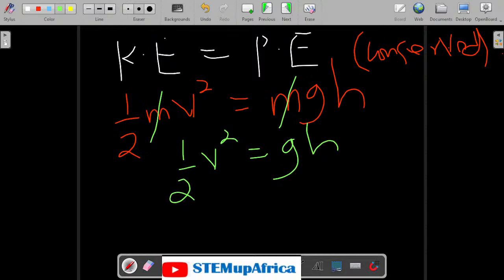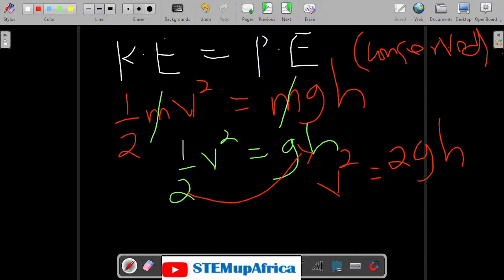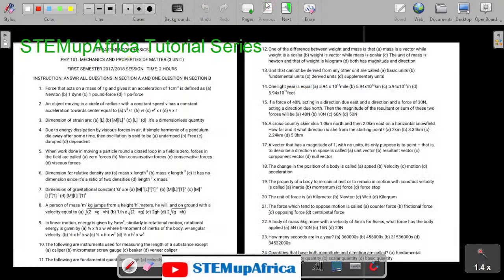So for me to find velocity, which is what you're asking for, I will cross multiply by bringing 2 to meet these guys. So my v squared will give me 2gh. So my v is simply the square root of 2gh. That's the expression for the velocity. So if you check your options, it's the square root of 2 times g times h, which happens to be option A.